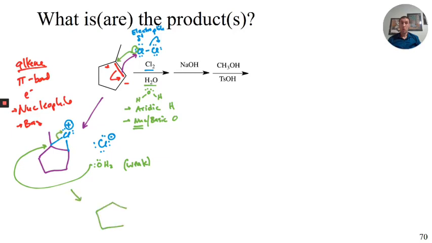And what we would get would be our OH, and I'm going to show it as like that, and then our chlorine connected. Water from solution, remember, it's slightly basic, can pick up that hydrogen. We'll use a black arrow for this. And that would get us to the product of our very first step.